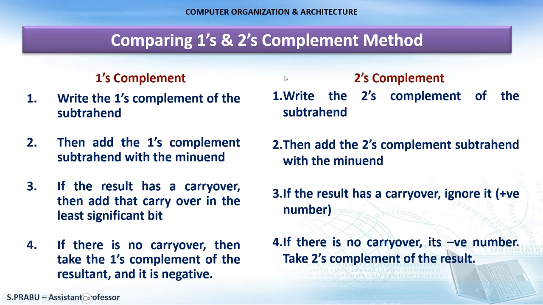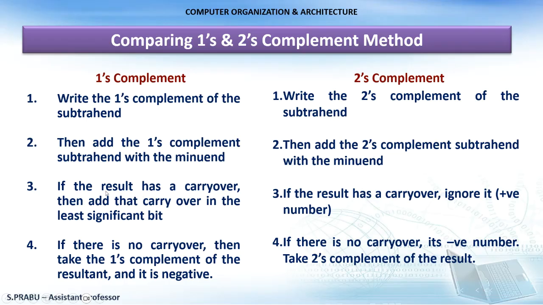Let's compare these two complement methods. In the first complement method, you find the first complement of the second number. Here also, you find the two's complement for the second number. In the second step, you add the first complement with the first number. Here also, you add the result with the first number.